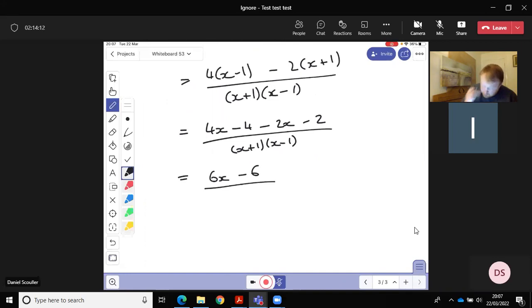Is that right? No. 4x minus 2x is 2x. And that's x plus 1. Okay, take a common factor out. Don't think it does anything, does it? 2x minus 3.